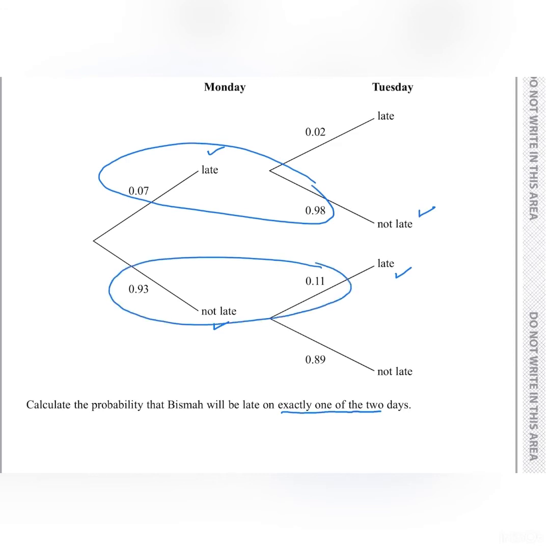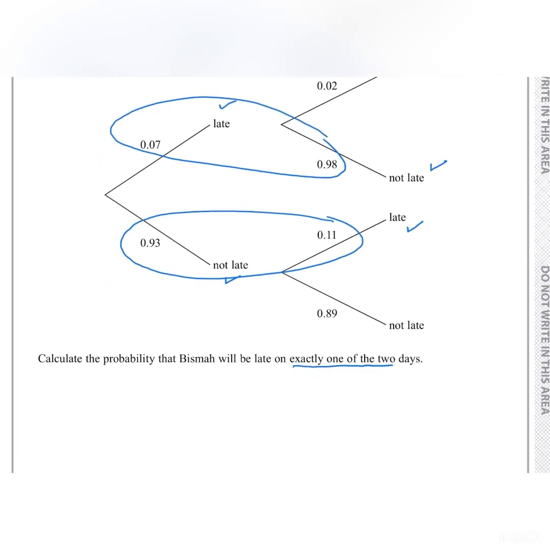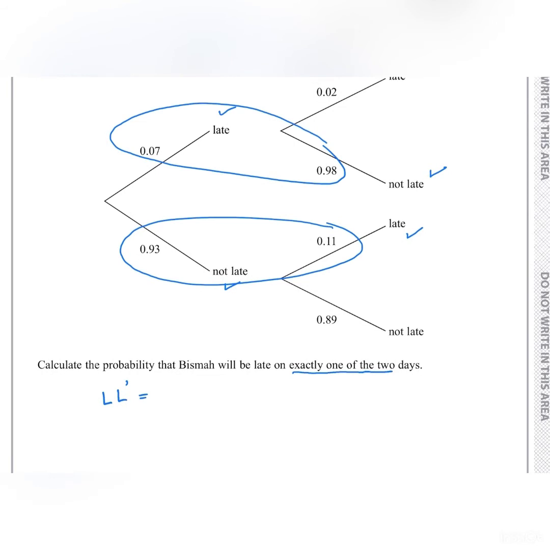Okay, so the probability of late and not late for one of the days is 0.07 times 0.98, and then not late and late is 0.93 times 0.11.